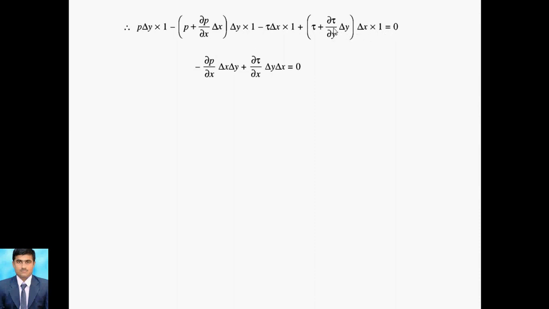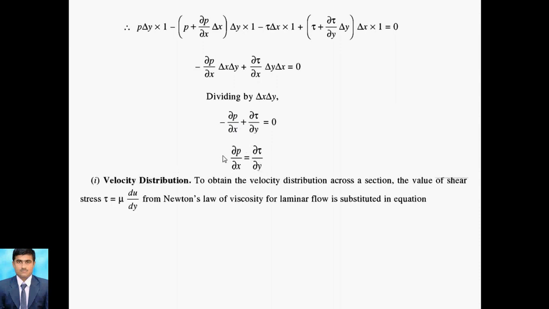After cancellation, only the terms minus dou P by dou x into delta x delta y plus dou tau by dou y into delta x delta y equal to 0 remain. Dividing by delta x delta y, only minus dou P by dou x plus dou tau by dou y equal to 0 remains. So that means dou P by dou x is equal to dou tau by dou y. This equation relates pressure per unit horizontal length to dou tau by dou y. That means shear stress depends on the separation distance y.